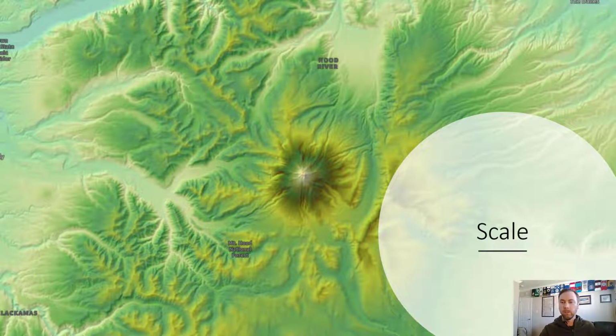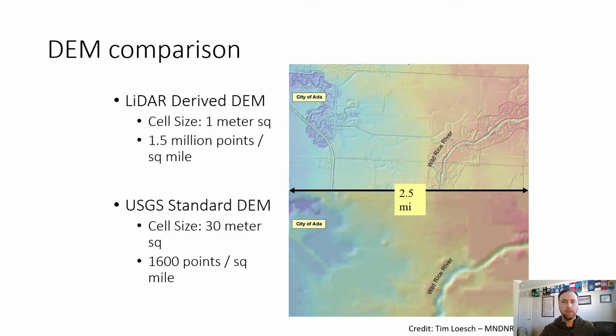All right, next, a real brief conversation on scale. LiDAR-derived DEMs are at a much greater resolution than a USGS standard DEM. A standard DEM is based off of a 30-meter square area. And 30 meters square is pretty high resolution if we're talking about multispectral imagery.